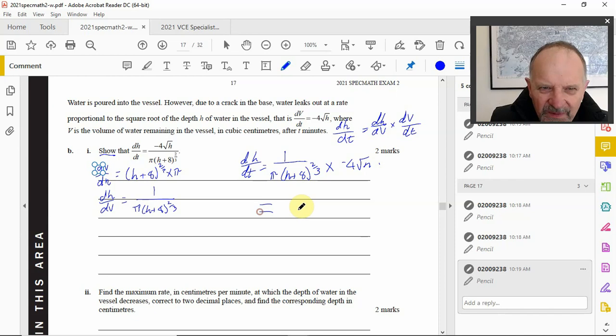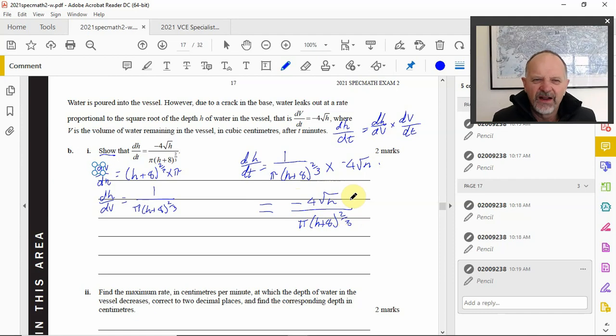And so when we put those things together, we get negative 4 root h over pi times h plus 8 to the 2/3. And so therefore we've now shown what we need to show.